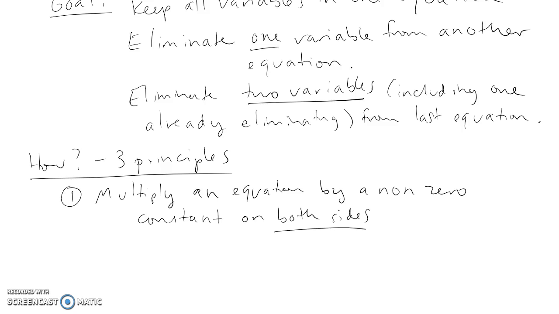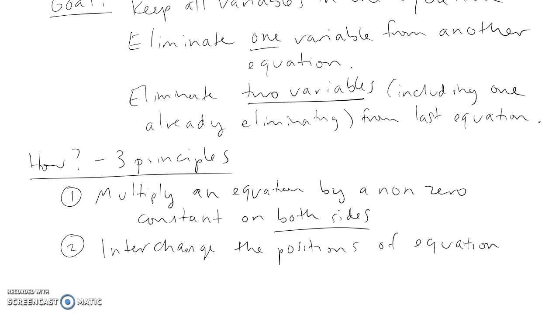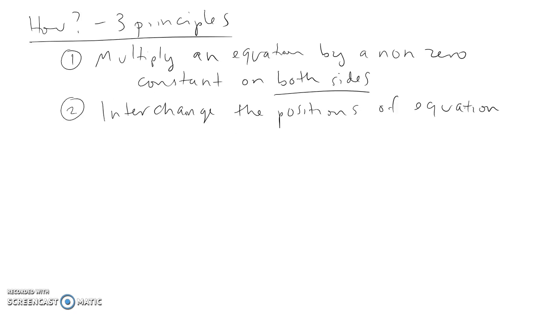We all know that's a legal move. You can multiply an equation by a non-zero number on both sides and it stays equal. Second, we are going to interchange the positions of the equations. I could make the first equation the last one, the second one the first one, whatever I wanted to do. That's clearly not going to change the system.